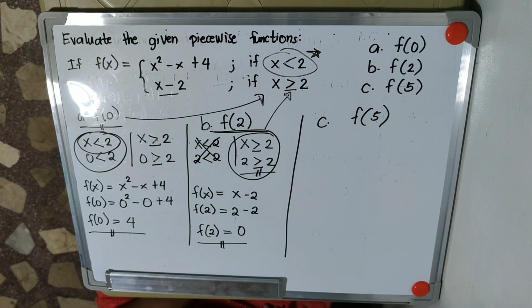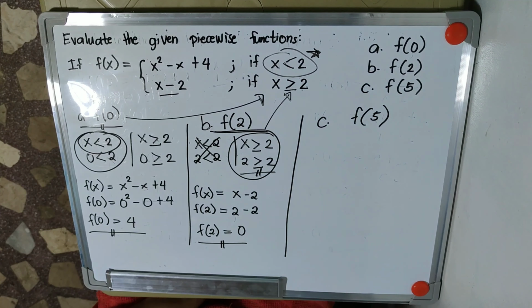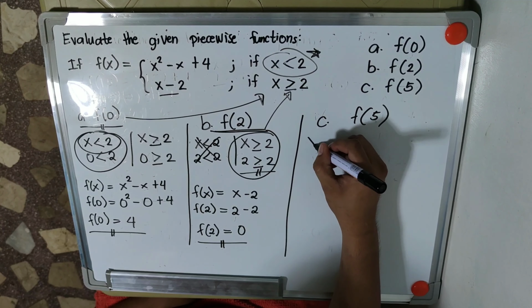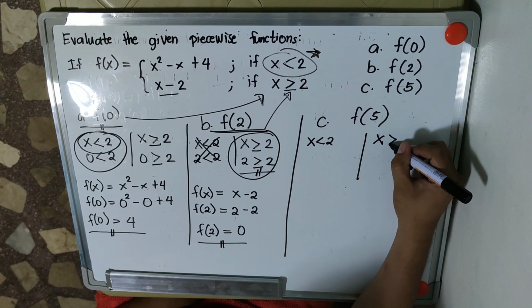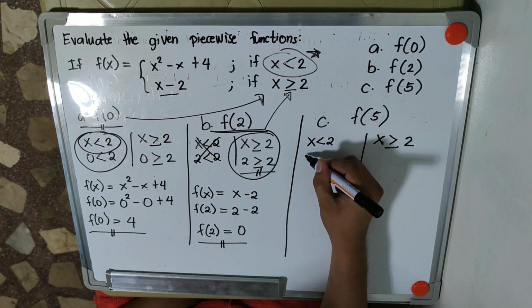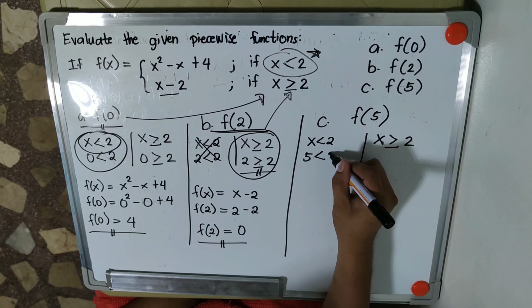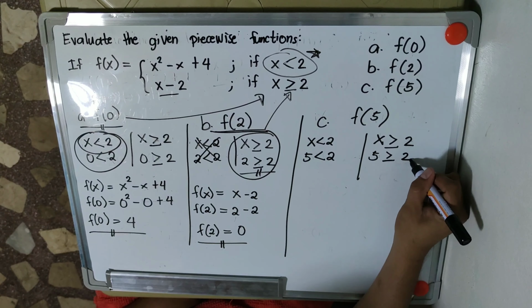Which condition that the value of 5 can satisfy? So, x less than 2 and x greater than or equal to 2. Ano yung x natin? 5. Let's try to substitute. 5 less than 2 and 5 greater than or equal to 2.